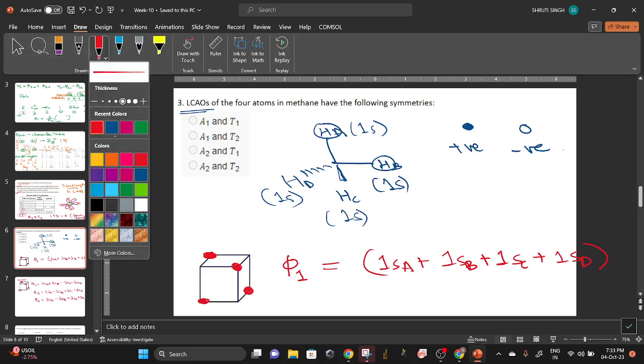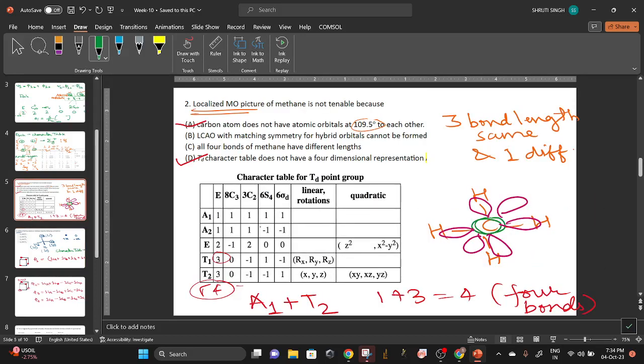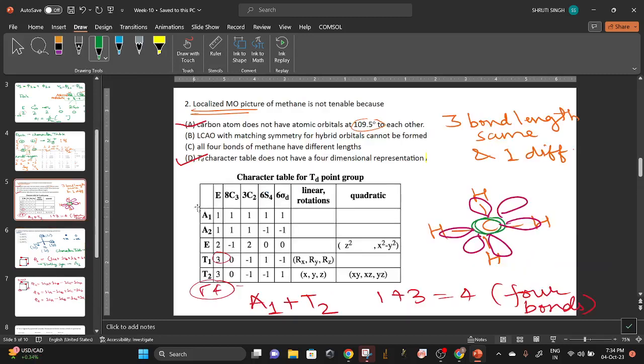Character from character table of TD group, which I have shown here. When we use this one, we can see this phi 1 will be totally symmetric, and it will belong to A1, the totally symmetric representation.